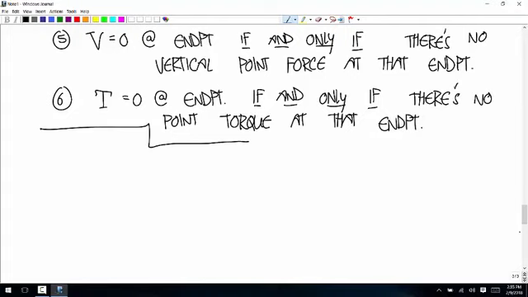Okay, so let's go through these 6 checks on the example we just did. So first, this is the example above.